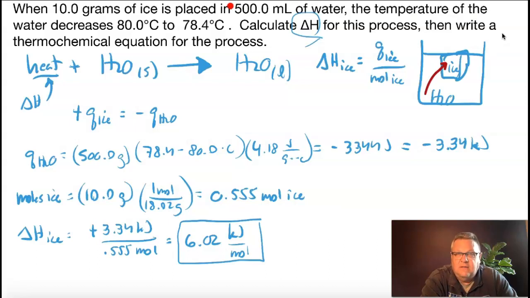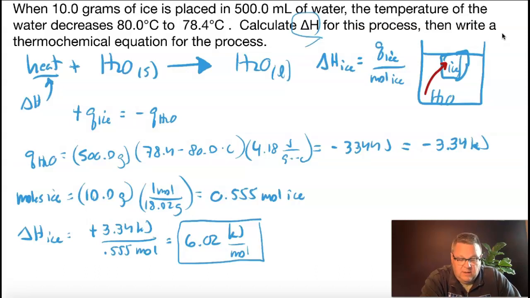You need to recognize that liquid water has a density of 1 gram per milliliter and convert 500 milliliters to 500 grams. It's really easy on a test to be flying through this. I'm looking for a mass, boom, there's a mass, put 10 grams there. That's wrong because you're calculating Q liquid water. You need the mass of the liquid water, not the mass of the ice.